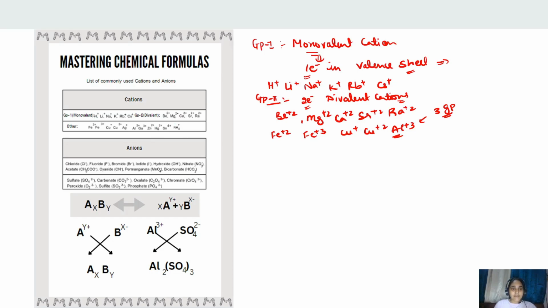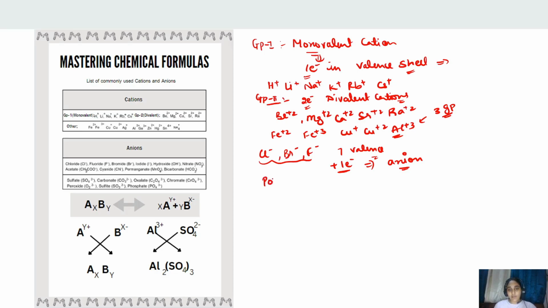Okay, anions. There are some simpler anions like chloride, bromide, fluoride. We have discussed why they show -1: because they have 7 valence electrons and they can add one electron to get stability, and adding one electron gives us anions.